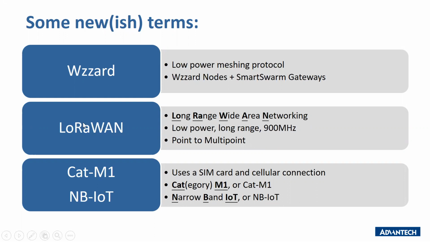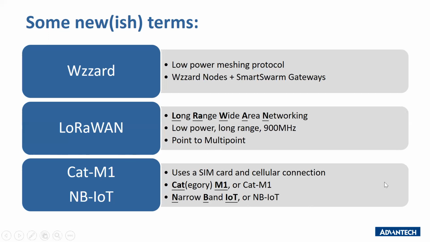Speaking of LoRaWAN, it stands for Long Range Wide Area Networking. It's an interoperable standard, and we have a training session specifically on this that we'll get to in a minute. LoRaWAN is low power, long range. It operates over 900 megahertz, and it's point to multipoint.